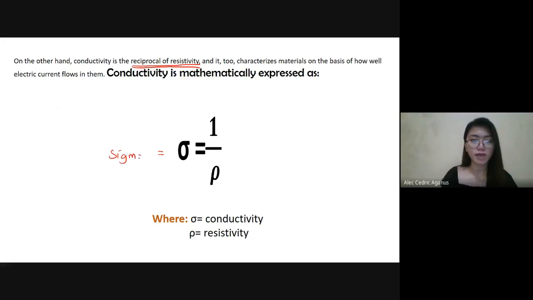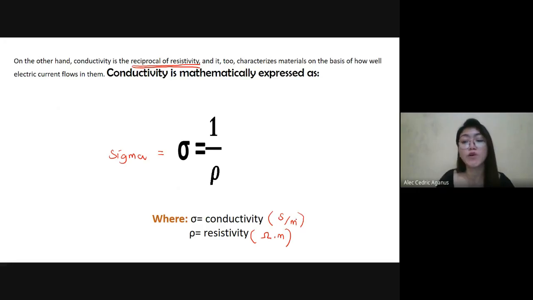Sigma is equal to 1 divided by the resistivity. Of course, resistivity is measured in ohm meter, and conductivity is measured in Siemens over meter, or S over m.